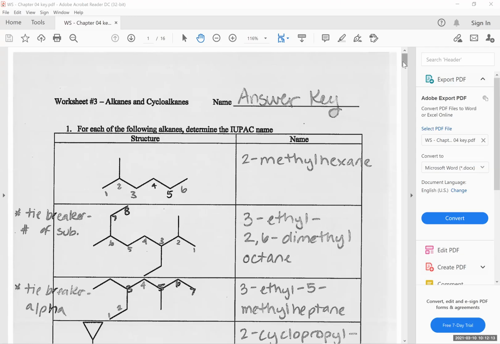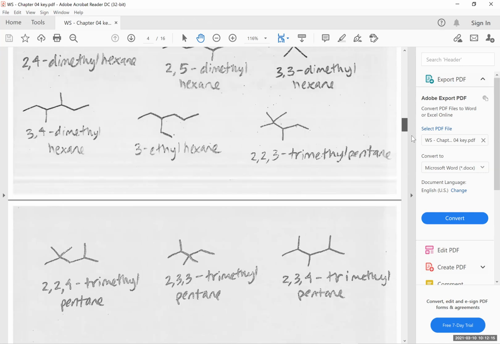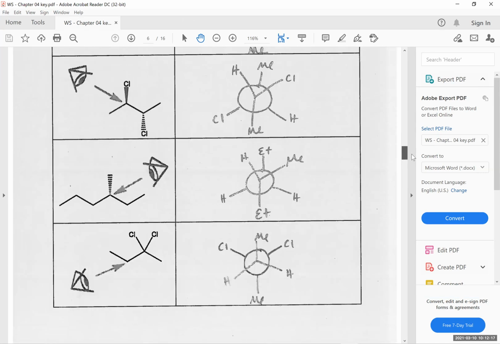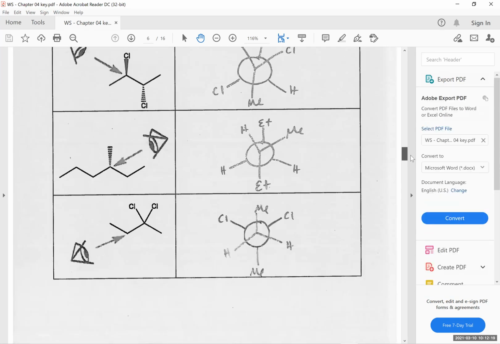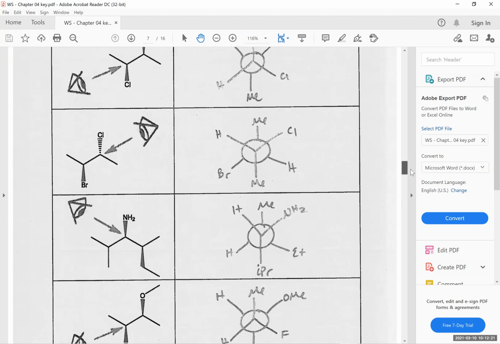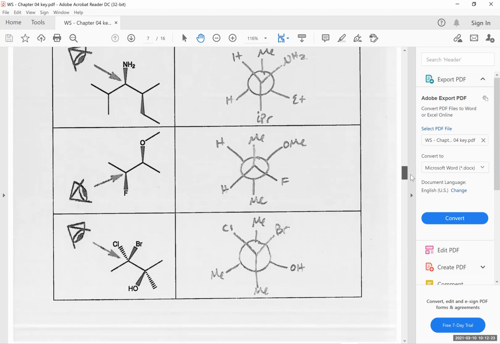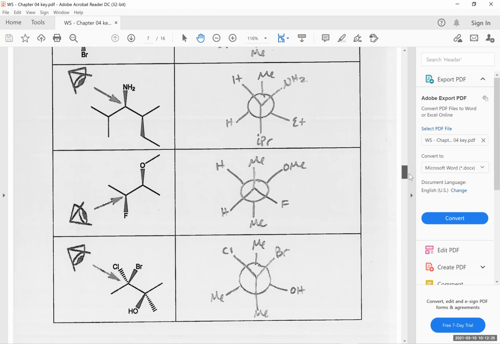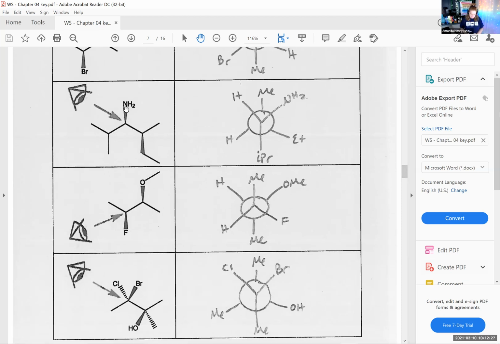I think it's the third one with the isopropyl. Yeah, the third one right there. This one right here? Yeah. Okay.